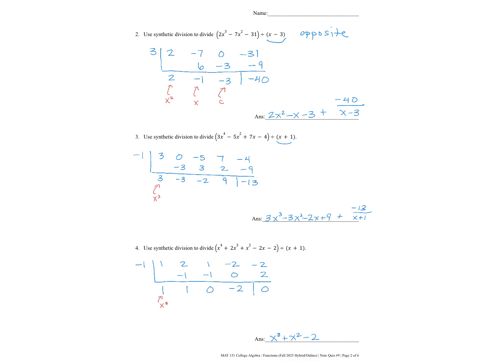What this really means, and what we're doing a lot more of in a few minutes here, is saying that x to the fourth power plus 2x cubed plus x squared minus 2x minus 2 can be rewritten as x plus 1 times x cubed plus x squared minus 2.